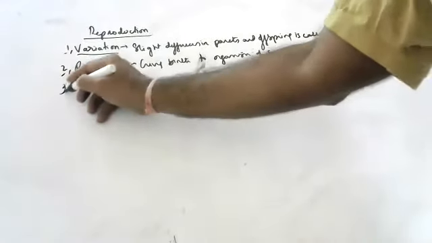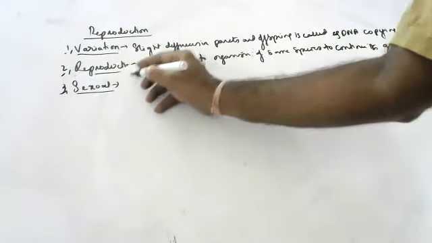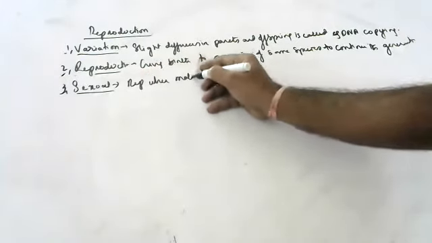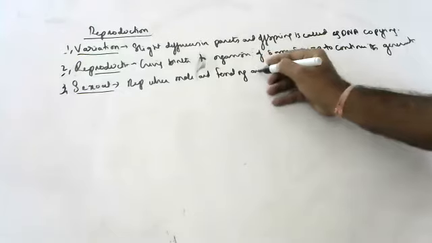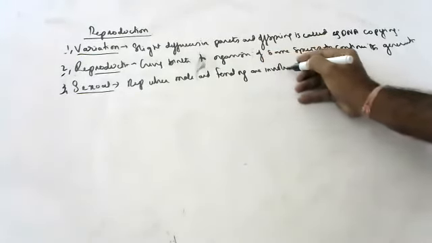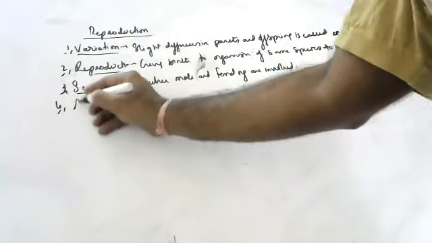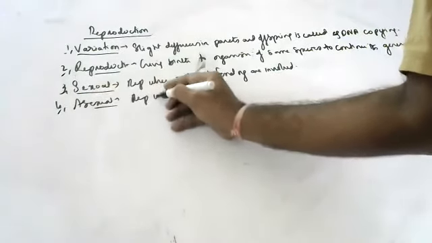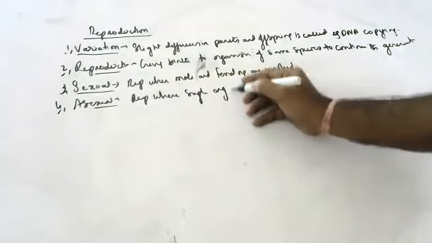Next, sexual and asexual reproduction. What is sexual reproduction? Reproduction where male and female organisms are involved, with the formation of gametes and variations. Asexual reproduction: reproduction where a single organism is involved, either male or female.